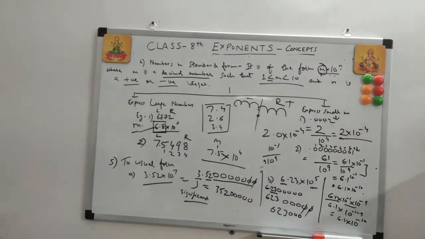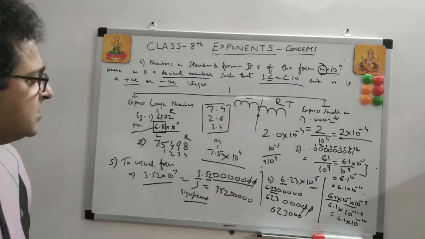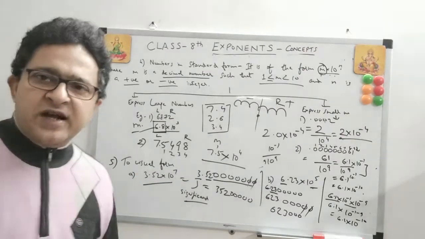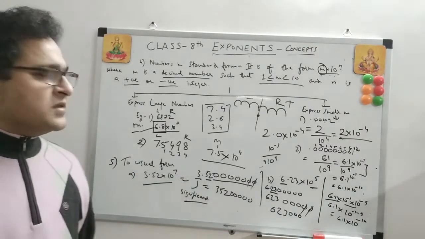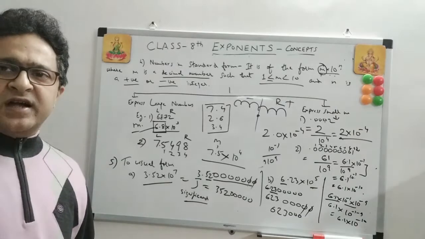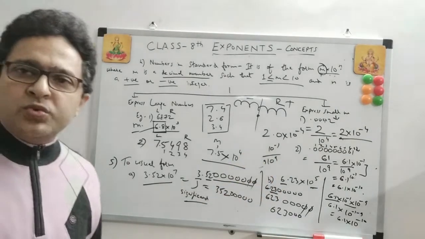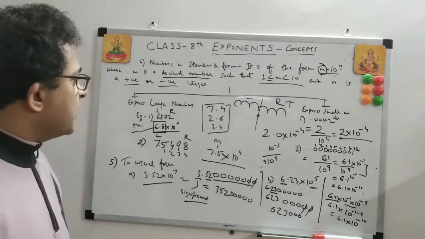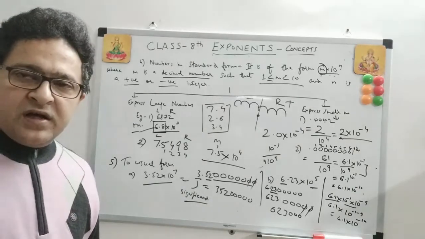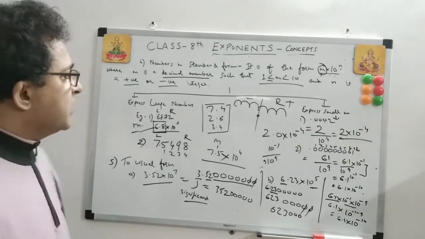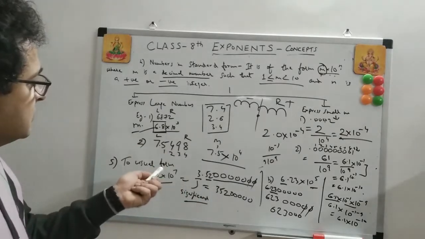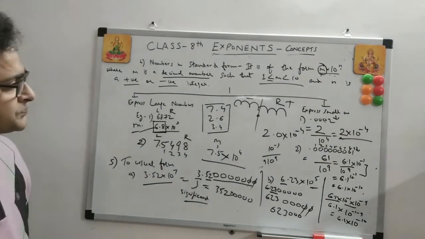This is how you convert to the usual form from the standard form. Clear, guys? So this is an important aspect here. Some questions can always come, putting the number in the standard form or putting the number in the usual form from the standard form. And there can be 2 ways you can do that. If you have numbers in the standard form, it can be a large number, it can be a small number. I have given an example of a large number. You see this on the board.